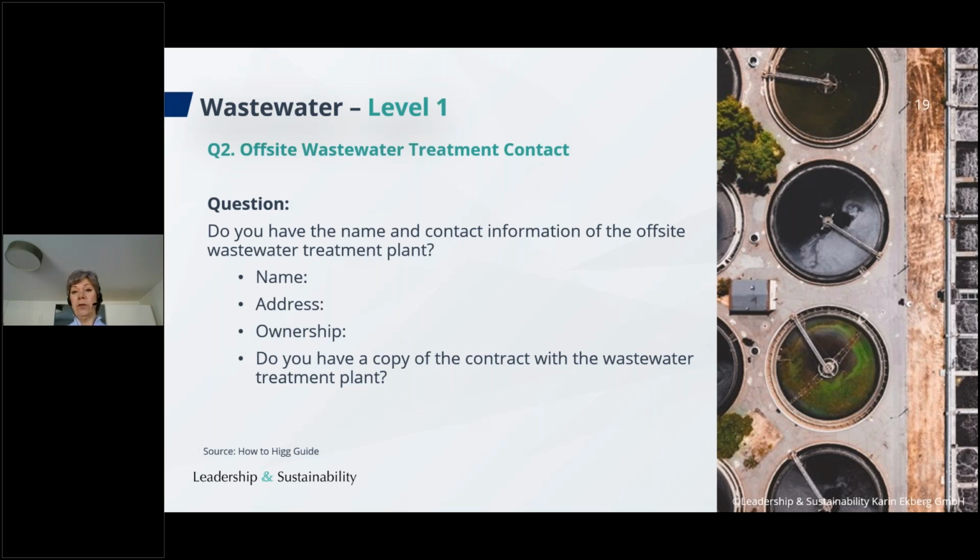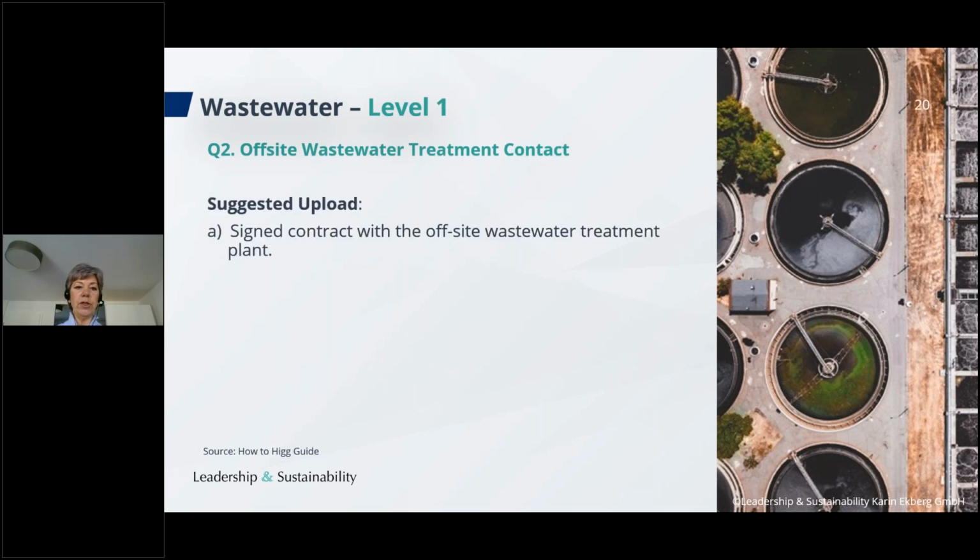But in some cases, you have a contract that you can upload to this question. And if you don't have a specific contract, you should just explain the local infrastructure that you have, and that in this case you don't have a specific contract with your wastewater treatment plant.